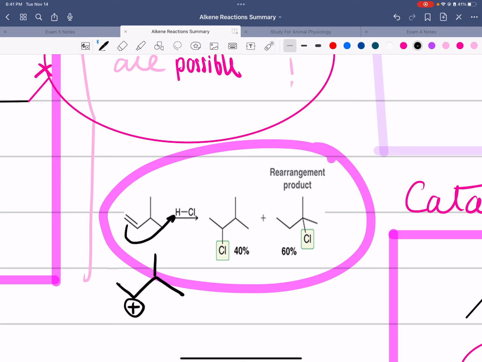We have hydride shifts and we have methyl shifts.